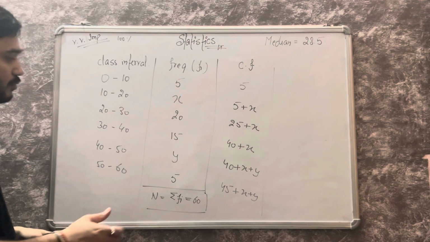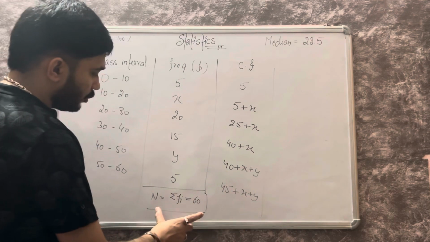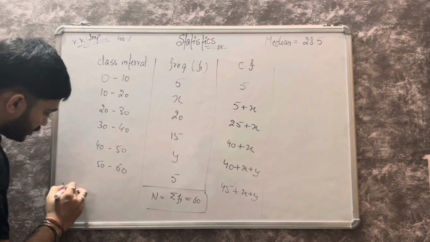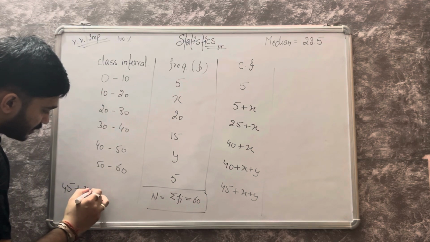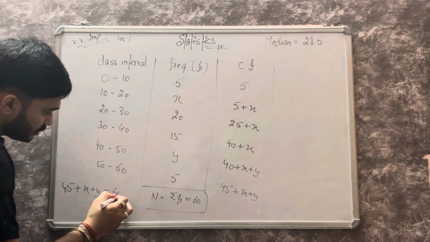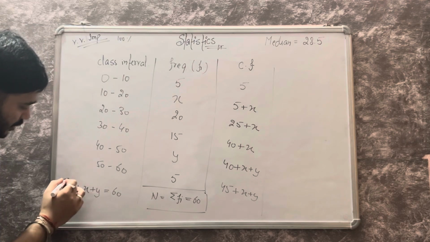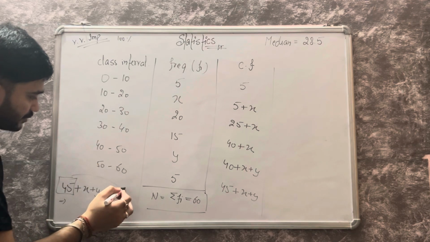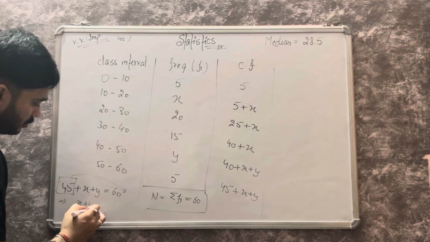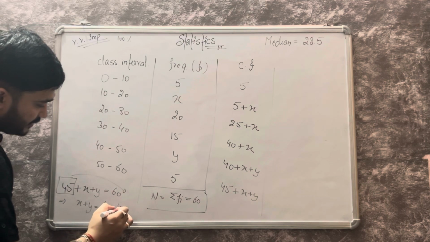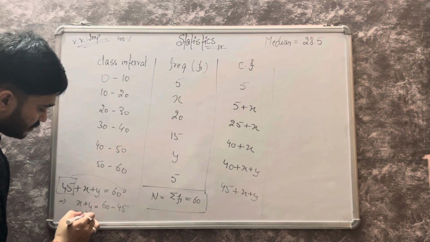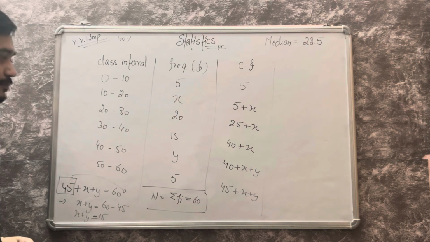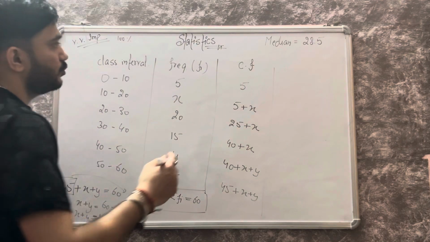I already told you that this value is always equal to n. So we got the first equation here, that is 45 plus x plus y is equal to 60. From here, you can take this 45 from the left hand side and subtract it from the right hand side. You will get x plus y is equal to 15. Any doubt? Now let us move forward.